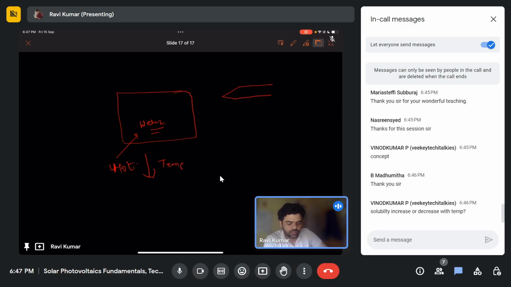If you put one rod here, what will happen? The solute, which is in soluble form, will start to crystallize, meaning with decreasing temperature the solubility is decreasing. That's why it is coming out in the solid form.